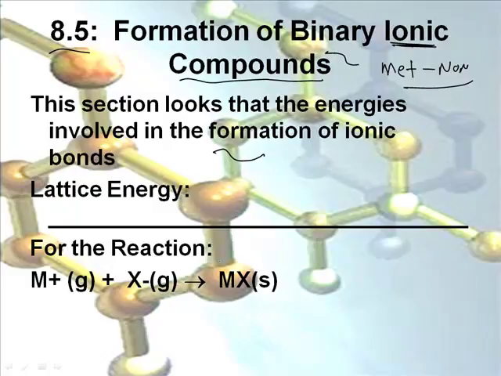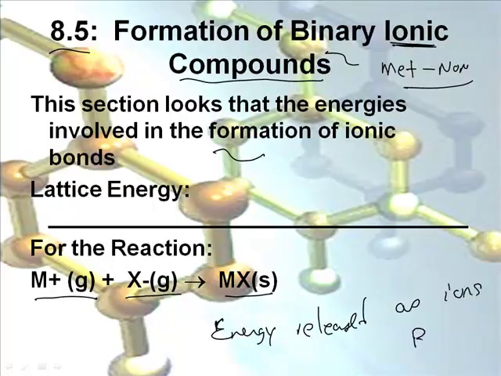It is the reaction of the metal in the gaseous state plus the anion in the gaseous state to make the ionic solid. So this is the energy that's released as the ions bond.